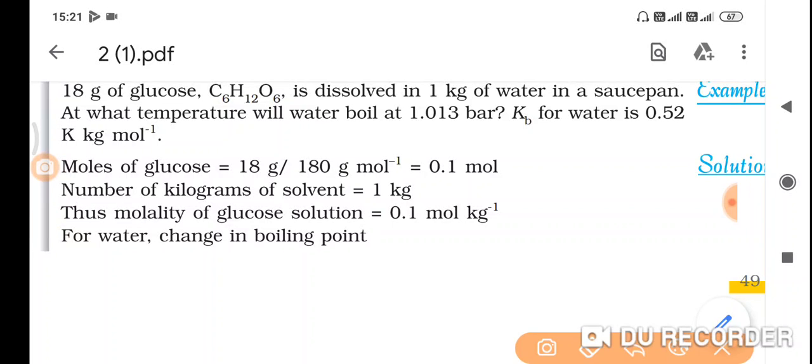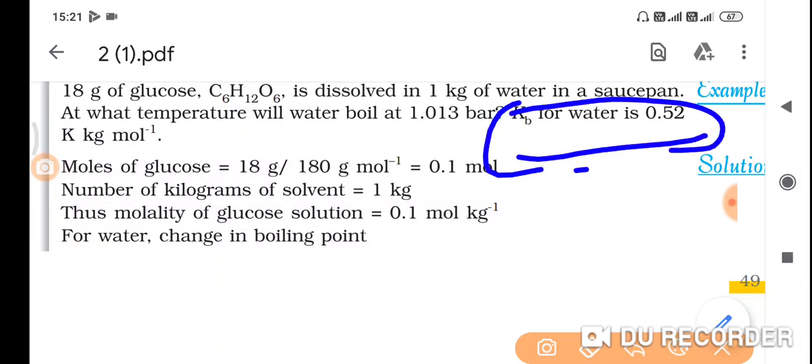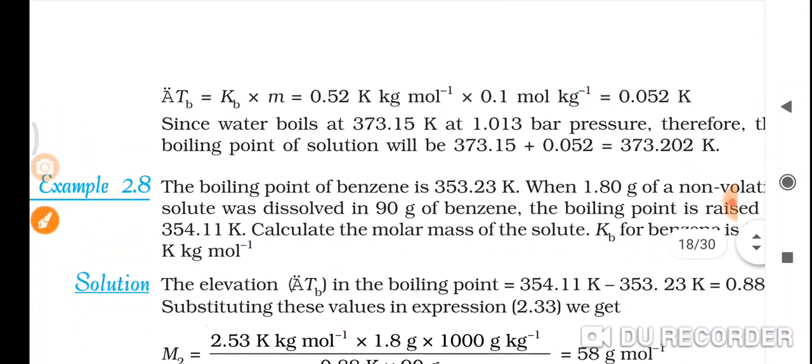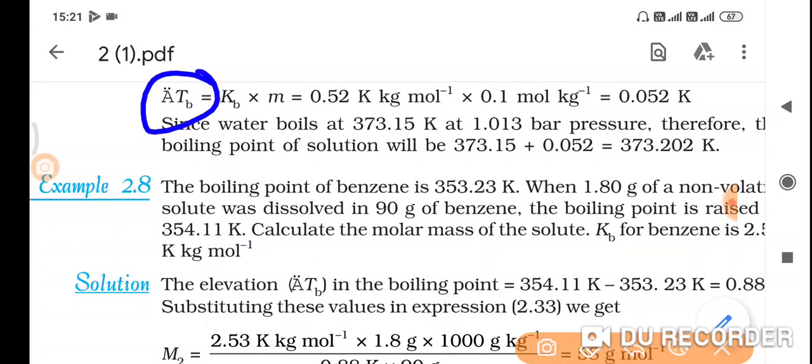KB of water, the ebullioscopic constant value, is given, that is 0.52. We have calculated the molality. Now we are going to calculate delta TB. So delta TB is equal to KB into m. KB is 0.52, given in the question, and 0.1 is the molality we have calculated. So overall it will become 0.052 Kelvin.